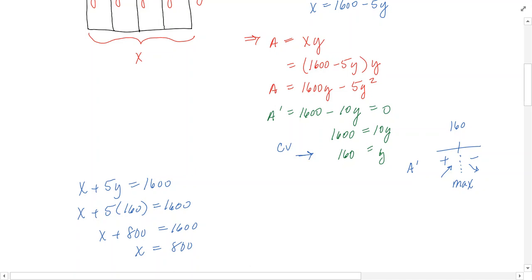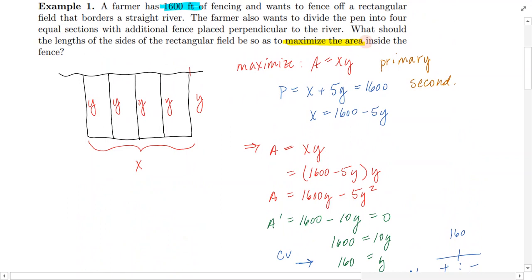So the question was asking me, what should the lengths of the sides of the rectangle be so that I have the maximum area, so I have the largest area inside of the fencing that we're given. So what we have is a constraint, right? We have a farmer who only has 1,600 feet of fencing.